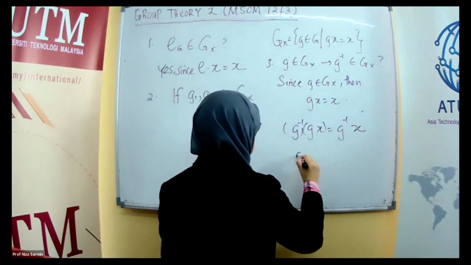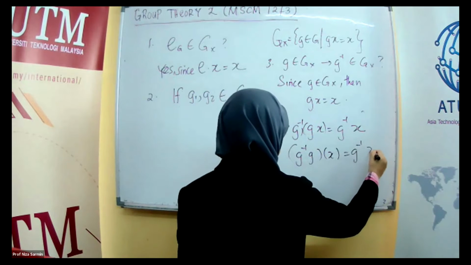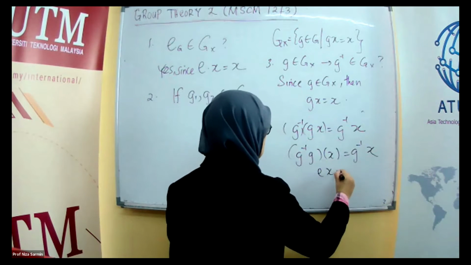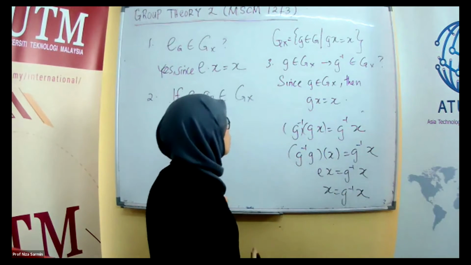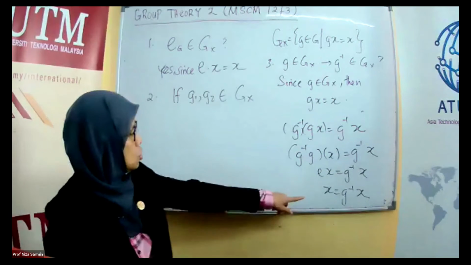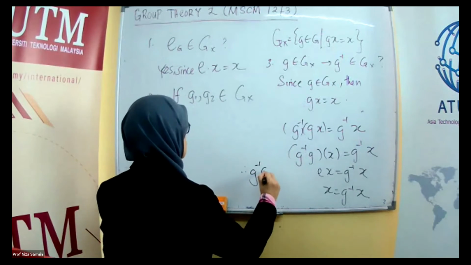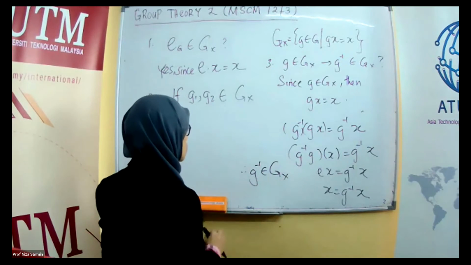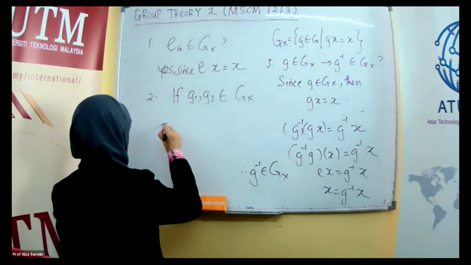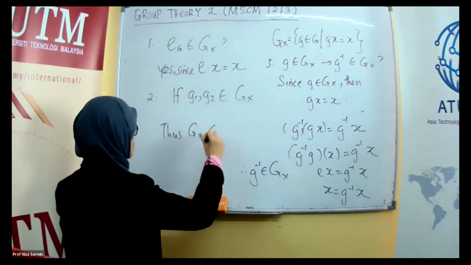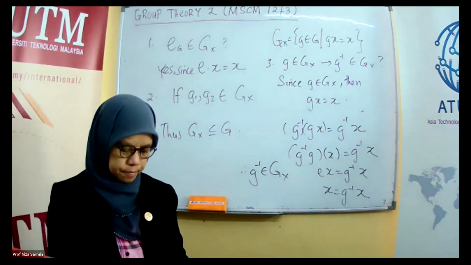Okay, so this one by the property is this. And this is E. So this is this. So G inverse x is x. So G inverse is also in Gx. Okay. So we conclude that Gx is a subgroup.